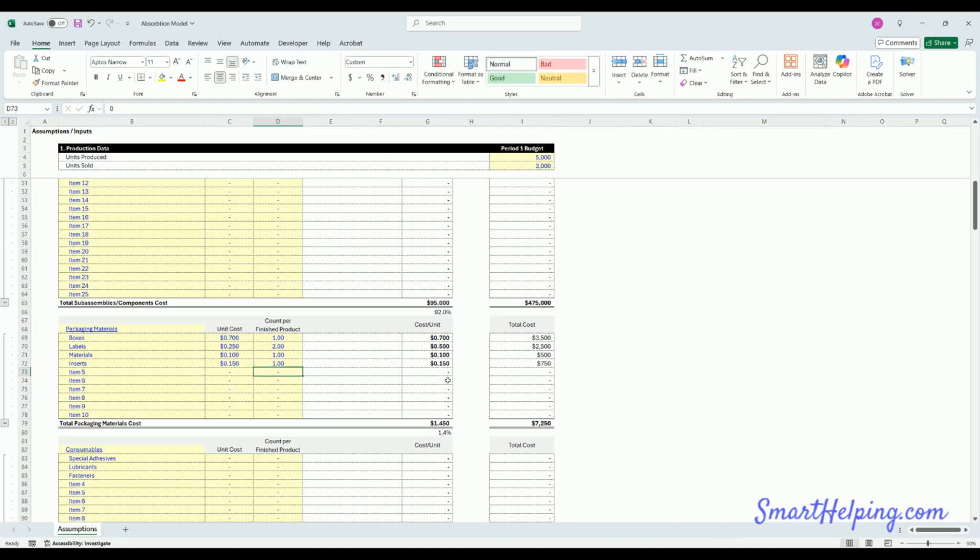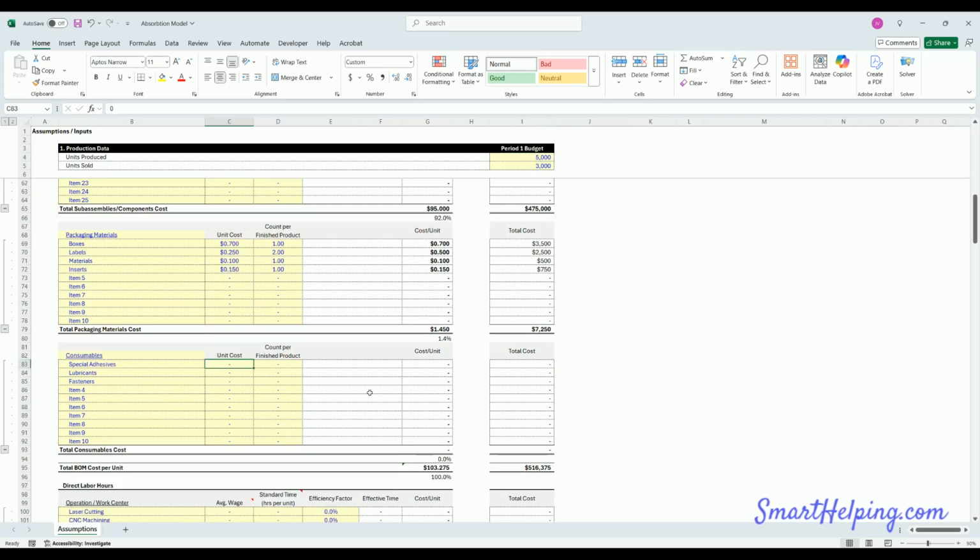So there's those costs per unit and total cost given those volumes. Consumables, maybe special adhesives, say 75 cents, $1, 50 cents, and we'll say 2, 1, and 4.